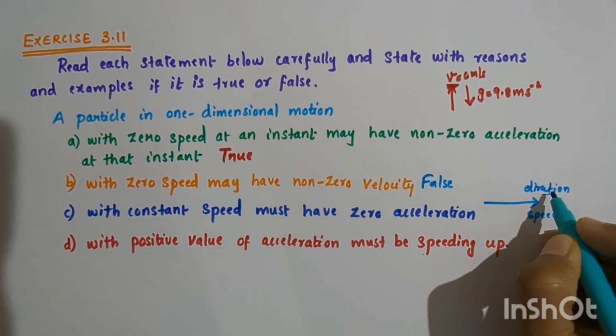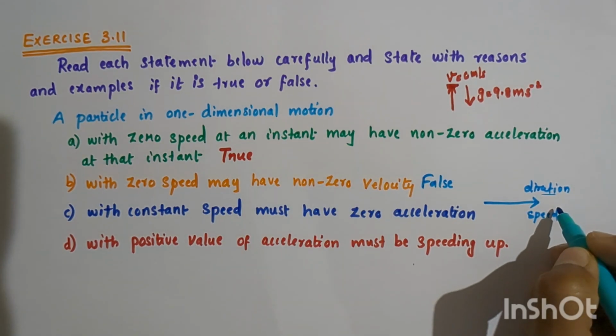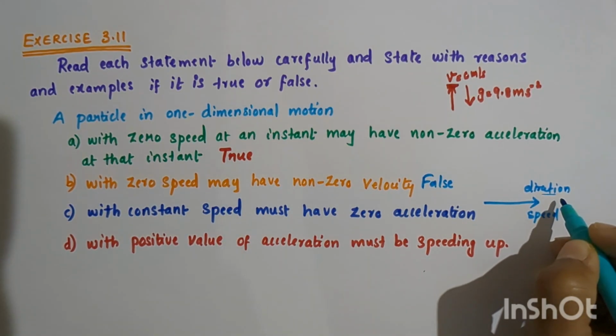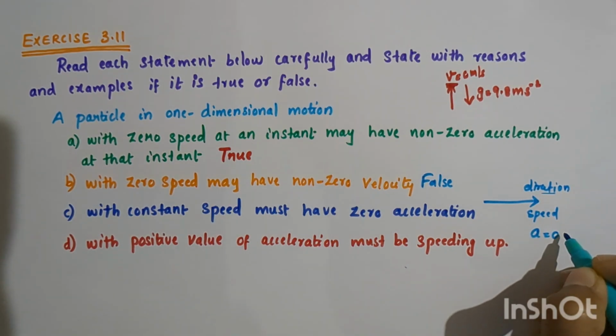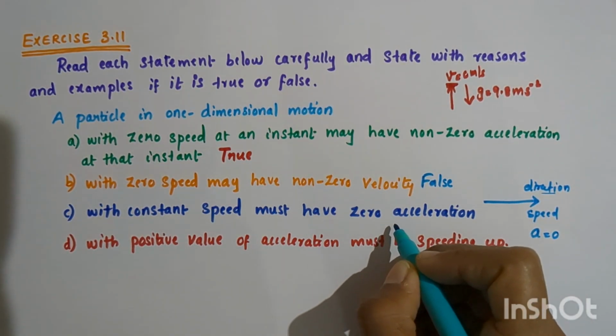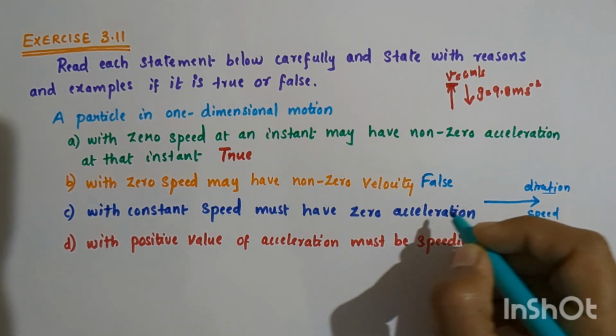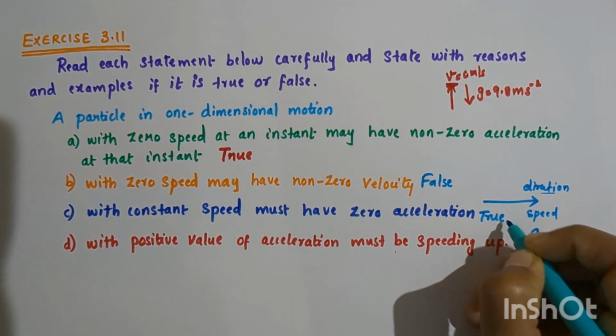That is, speed with direction, which is velocity, is a constant. When velocity is a constant, then acceleration will be equal to what? 0. Because acceleration comes into play only when there is a change in velocity. So here there is no change in velocity, so 0 acceleration.